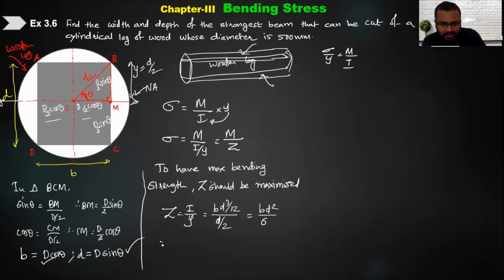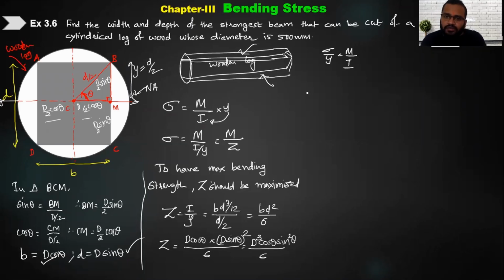But what do we do here? I know the values of B and D in terms of theta. Let us substitute that. So B is capital D cos theta, into capital D sin theta the whole square, divided by 6. So it will be D cube cos theta sin square theta divided by 6.